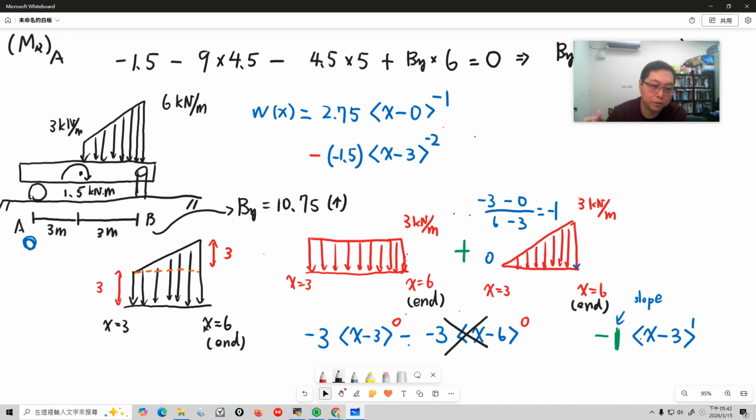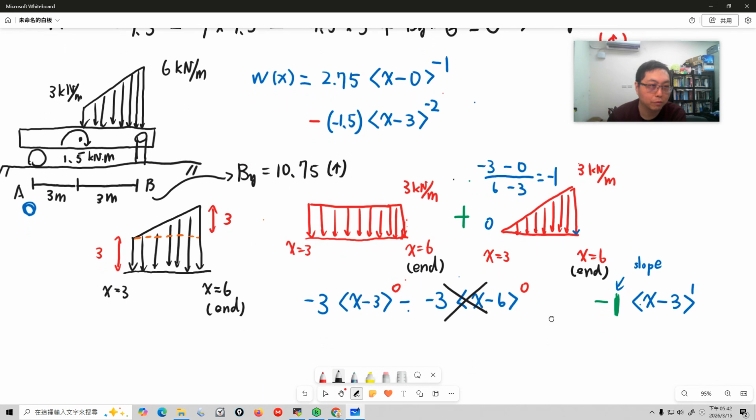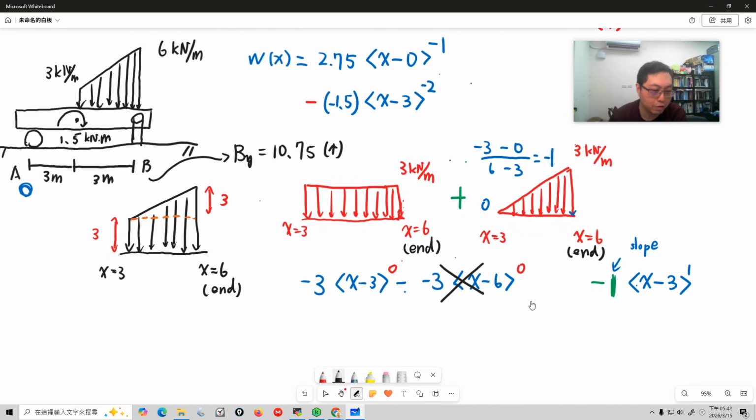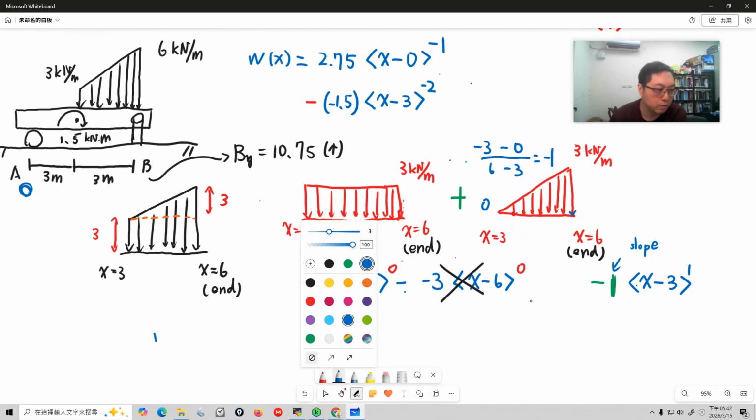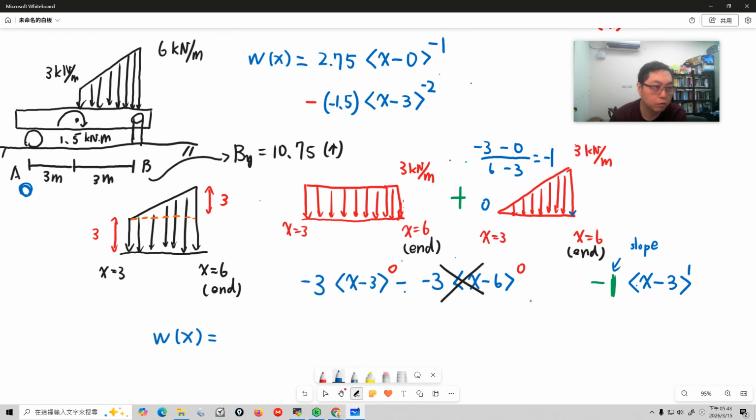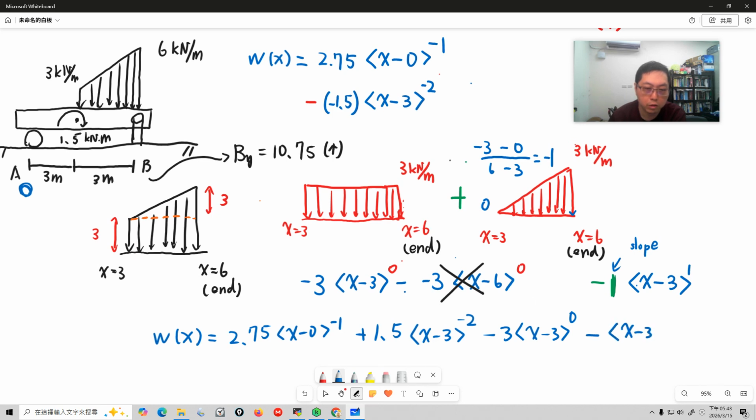So what's the final answer for this problem? The final answer is Wx equal to 2.75 times x minus 0 to the power minus 1, plus 1.5 times x minus 3 to the power minus 2, and the distributed load here is minus 3 times x minus 3 to the power 0, and finally minus x minus 3 to the power 1.